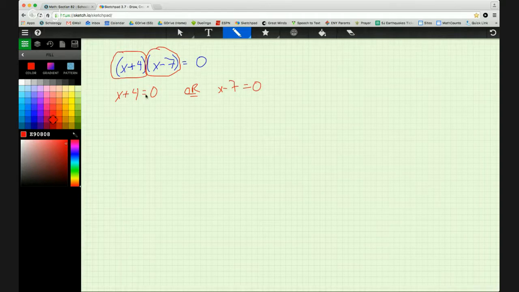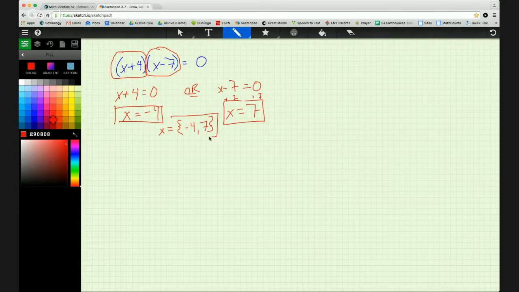If x plus 4 is 0, we get x equals minus 4. And if x minus 7 is 0, plus 7, x equals 7. These are our two answers, and we write that in a solution set like this.